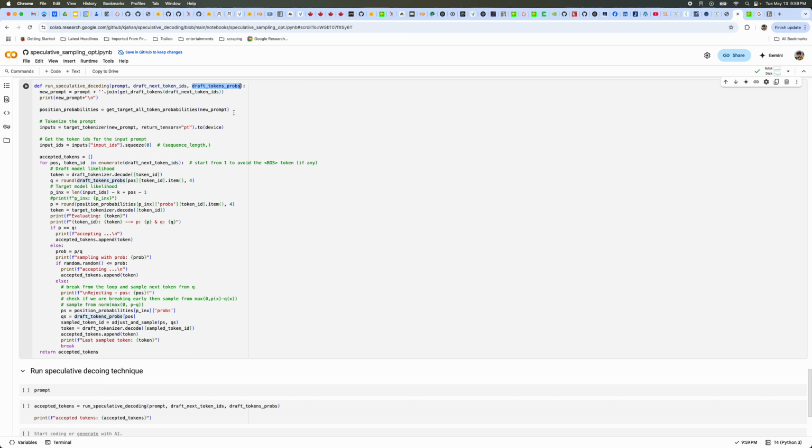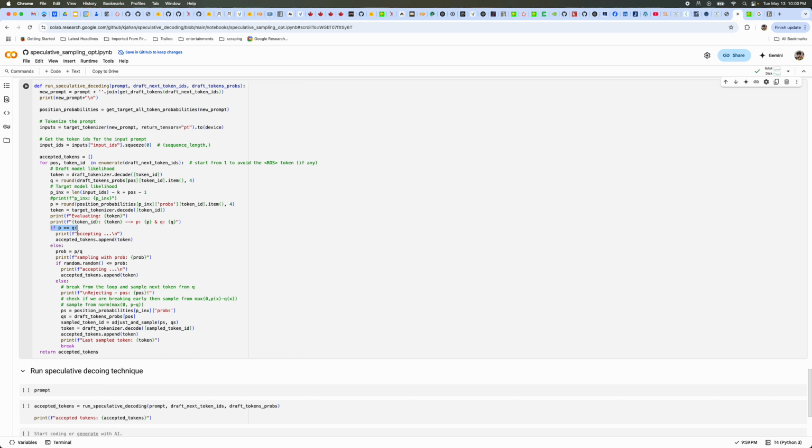First we get the probabilities from the target model, and then we go through the loop and do the steps that we just went through in the paper. We compute P, the probability of a speculated token from the target model, and Q, the probability of the token from the draft model, and we compare them.